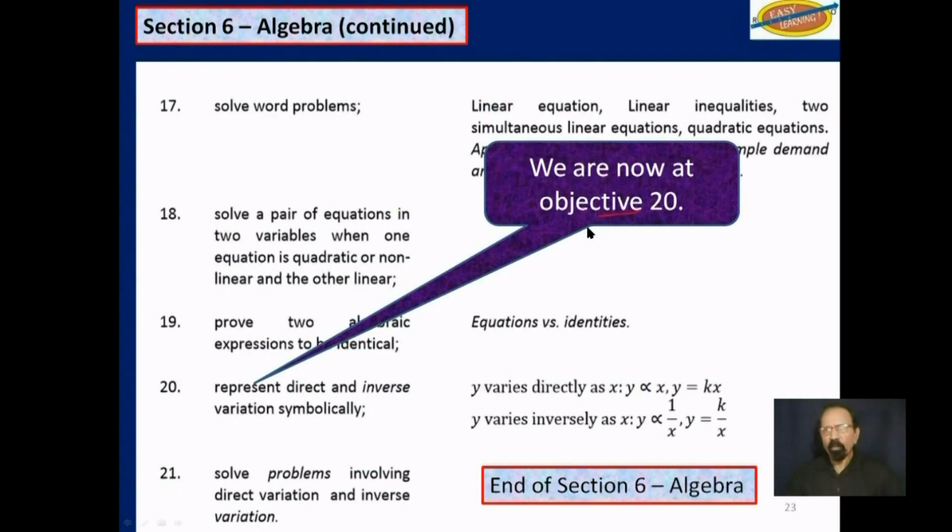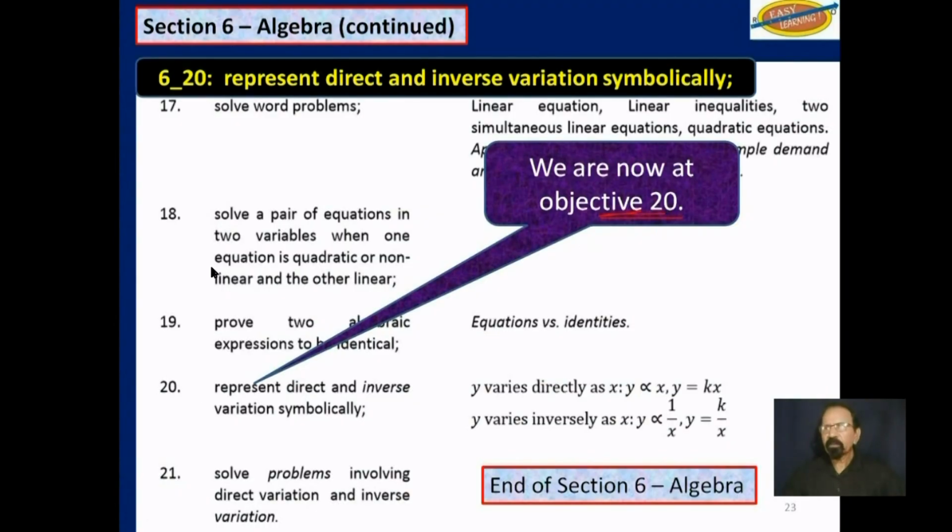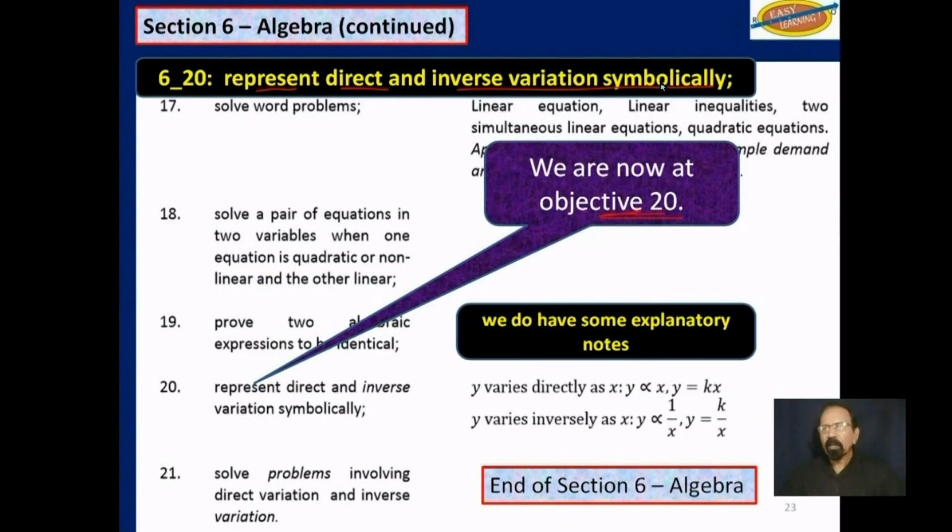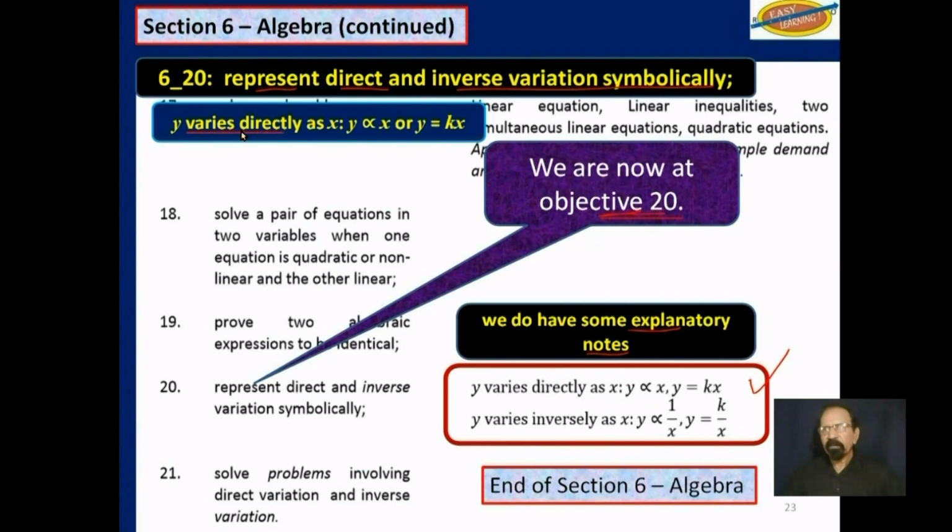So as I said, we are now at objective 20, which says represent direct and inverse variation symbolically. And we have some explanatory notes down here. y varies directly as x, and that is shown as y varies directly as x, or y is equal to kx.